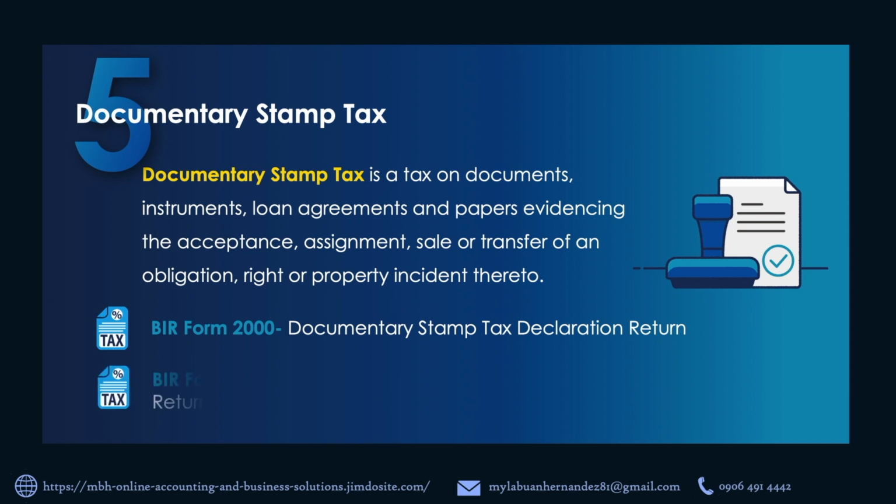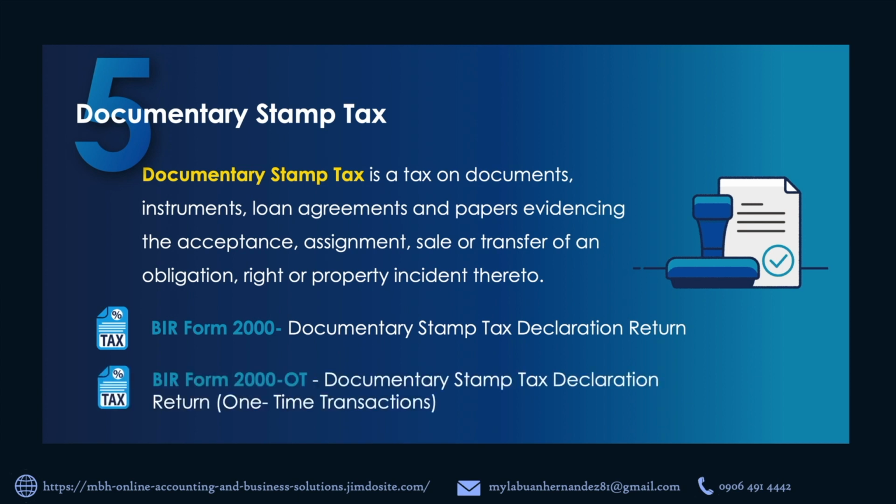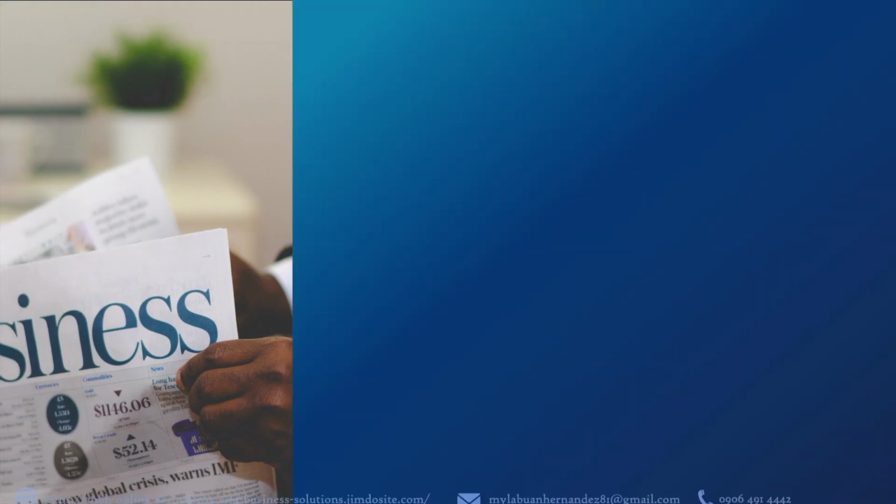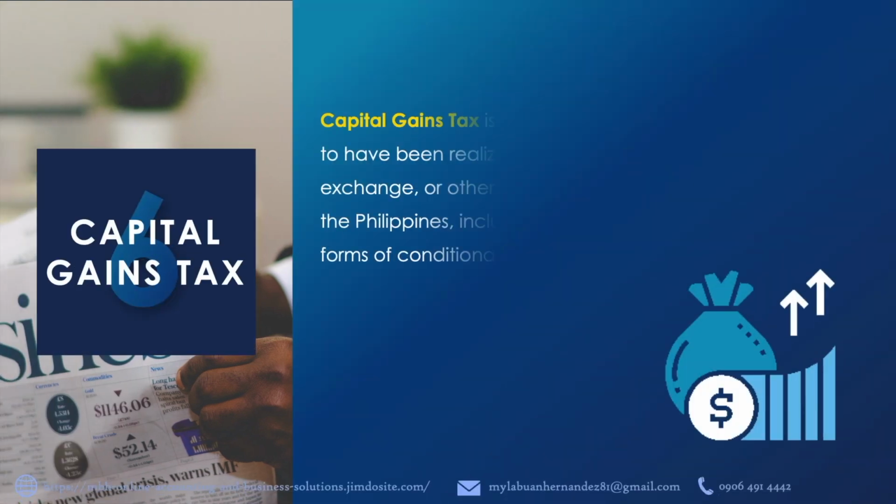And the BIR Form 2000OT or the Documentary Stamp Tax Declaration Return, one-time transactions shall also be filed and tax paid within 5 days after the close of the month when the taxable document was made, signed, issued, accepted, or transferred. Following the documentary stamp tax is the capital gains tax or CGT.